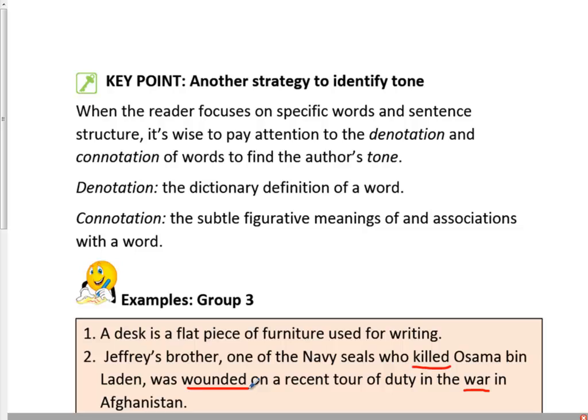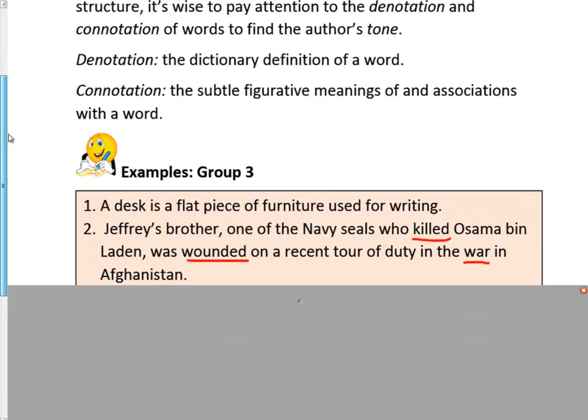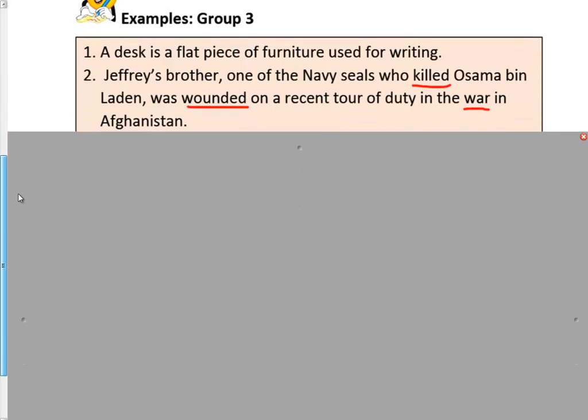So in order to understand the differences of these types of words that are used here, once you get that, it will help you to understand the differences in particular words that the author may have chosen for tone.